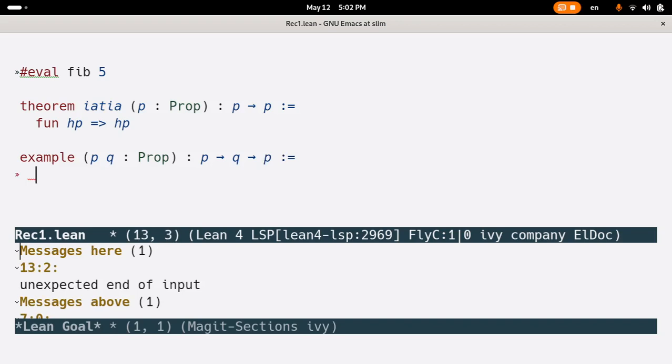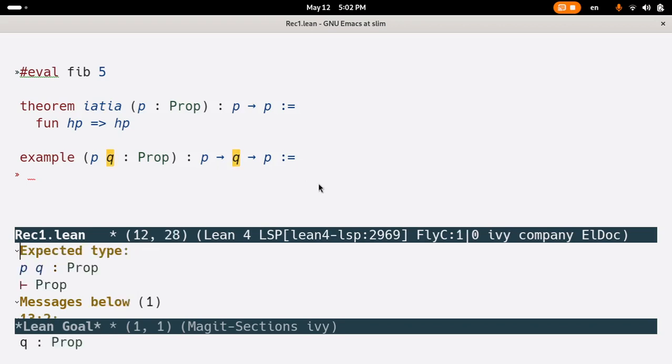So here I have written that for any two propositions P and Q, P implies Q implies P is true. So these arrows are just like function arrows. So when I write P implies Q implies P, Lean sees it like this: P implies (Q implies P).